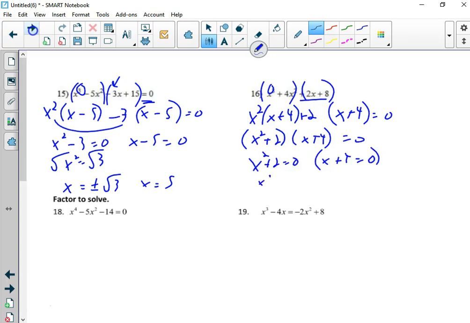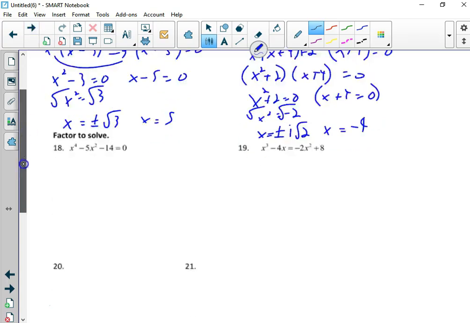I'm going to get a negative 2 here, which means when I square root, don't forget, I'm going to get plus and minus i root 2. There's 2 of my 3 answers, and this is going to give me negative 4. Oh, my bad. This didn't say equals 0, so I just did extra work. Sorry about that, but hey, it's good practice.